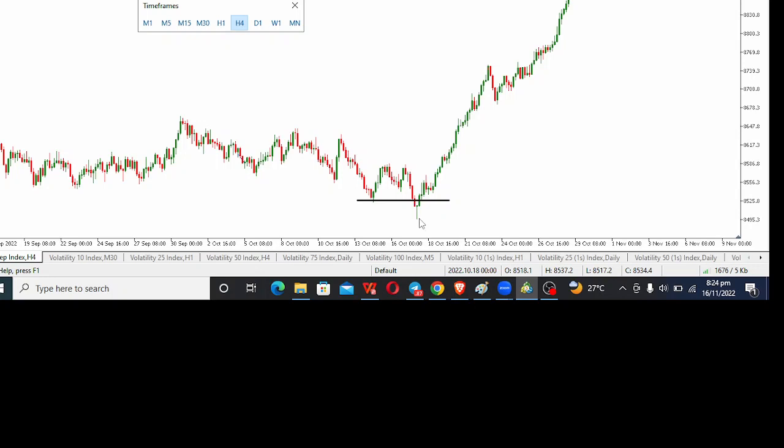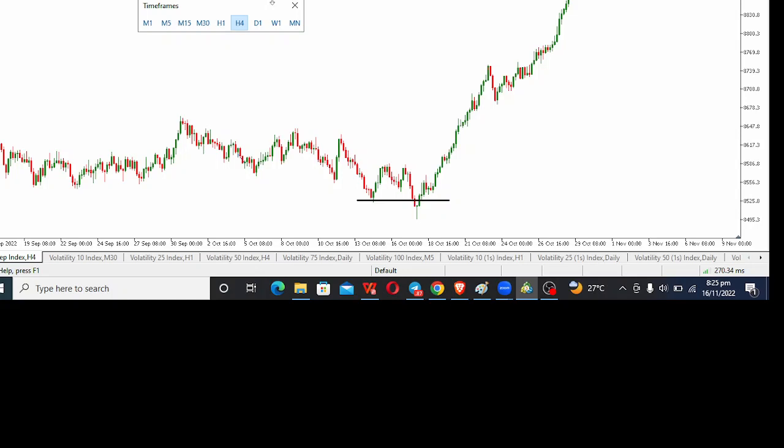I said I was going to explain why you can plot your chart on a line chart, so that you can get your support and resistance, either lines or zones, drawn carefully so that you don't end up going in the wrong direction. You can change from candlestick to line chart.